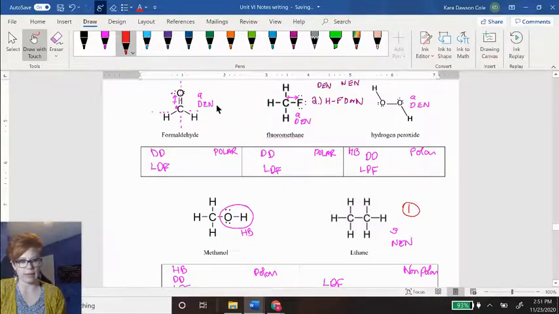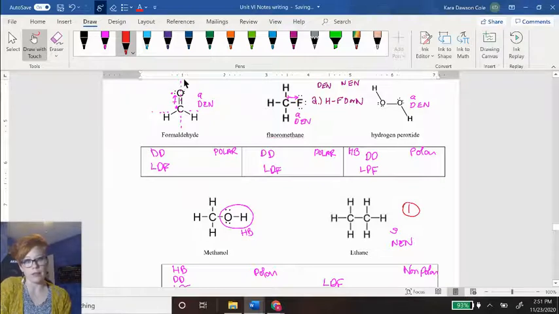So I have formaldehyde here, and I have fluoromethane here. Both of these have dipole-dipole and London dispersion forces. So the thing that I need to look at is which of these is going to have the stronger London dispersion force, because the molar mass is tied to the London dispersion force. So I need to calculate my molar mass of fluoromethane and formaldehyde.